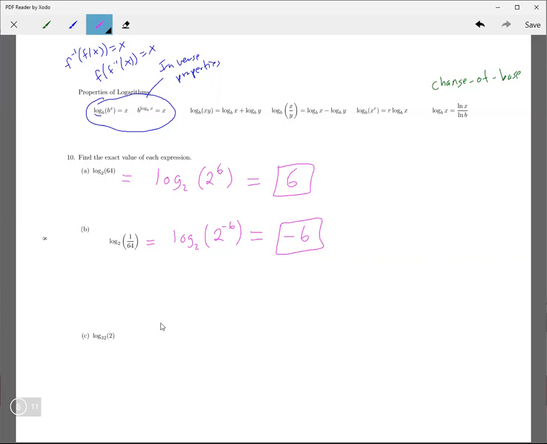This last one is a little bit tricky. But again, the key is you want to rewrite this as log base 32. Your base is 32, so the base is pretty much fixed; you have to go with what your base is. And then 2 is 32 raised to what power?